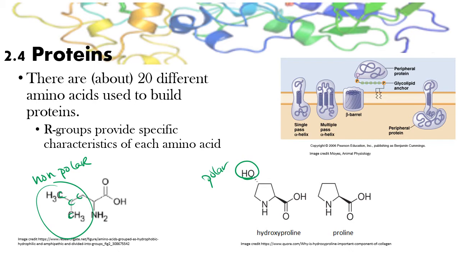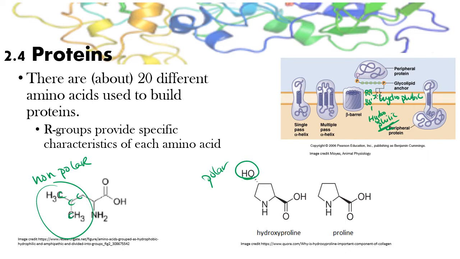And what's super cool is when we put them, especially in our membrane proteins, where we remember that the phosphate heads are hydrophilic. They can be attracted to water. And then the fatty acid tails are hydrophobic. They are repelled by water.